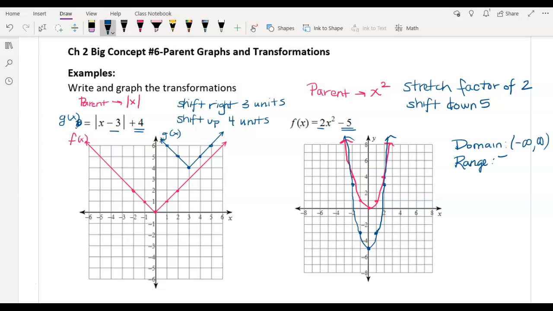However, our range now drops down to -5 and continues up to positive infinity. Over here, because I forgot to do it earlier, our domain hasn't changed. It's still negative infinity to positive infinity, but our range has changed. Our lowest y value is now at 4 and goes to positive infinity.